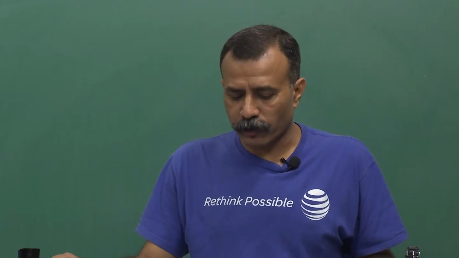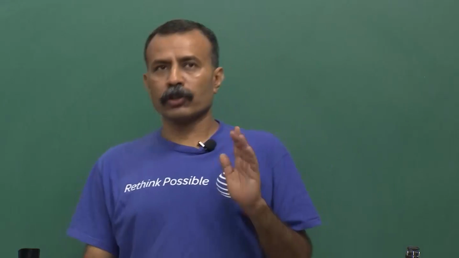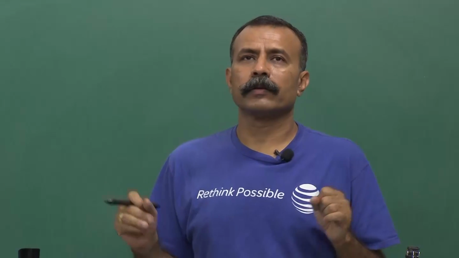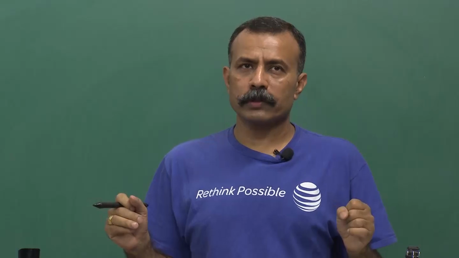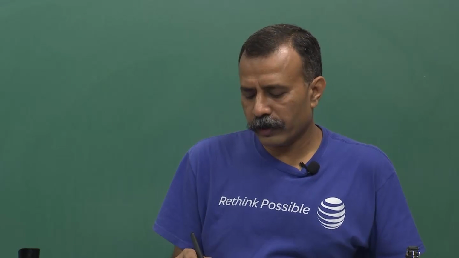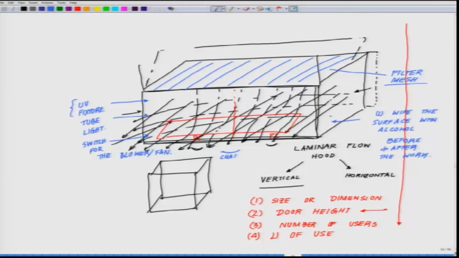So, do not damage your eyes, please. Switch off the UV, switch on the fan or the blowers, switch on the light, and generally you are provided with a chair or a sitting arrangement where you can sit and do the work.